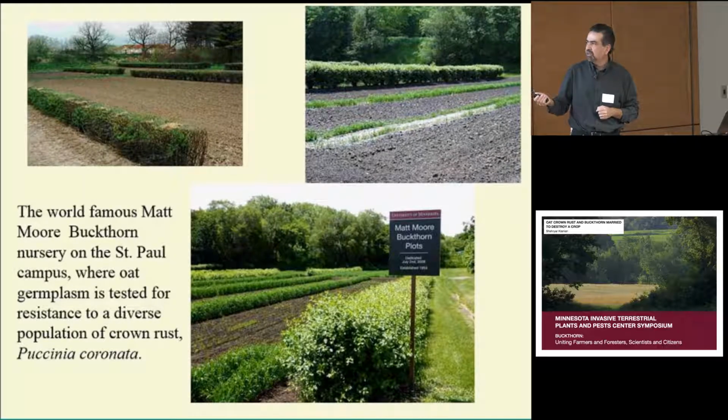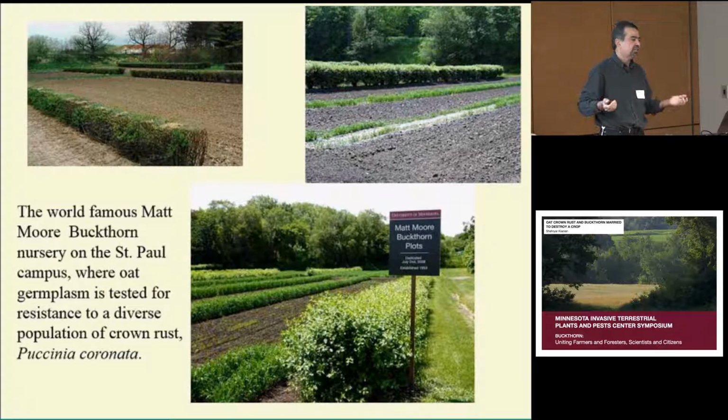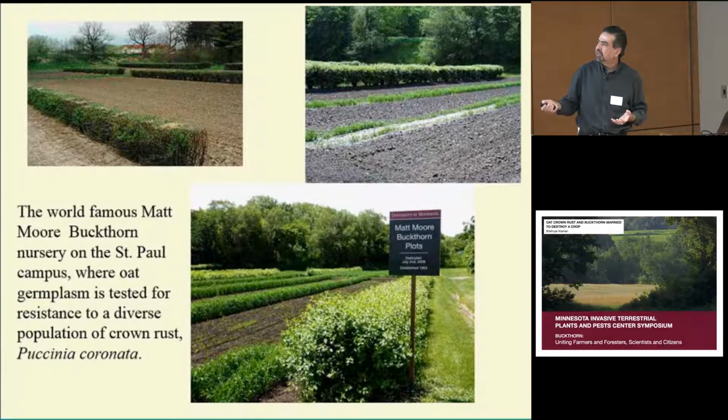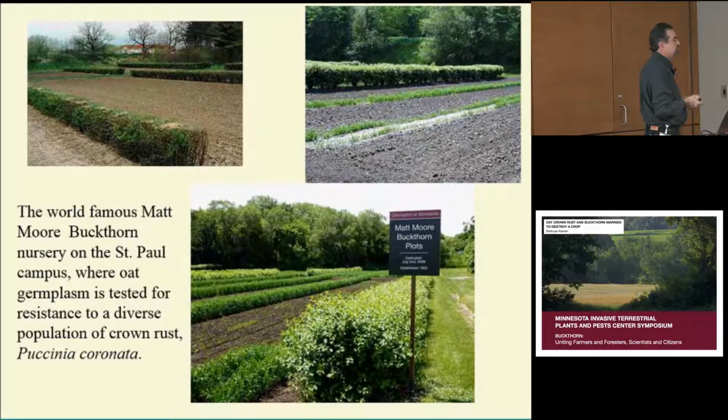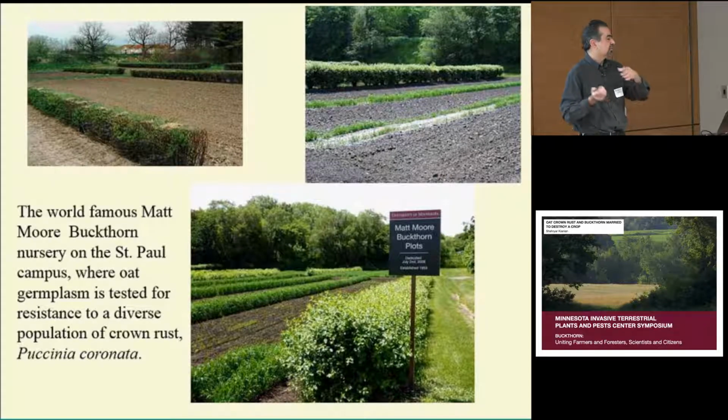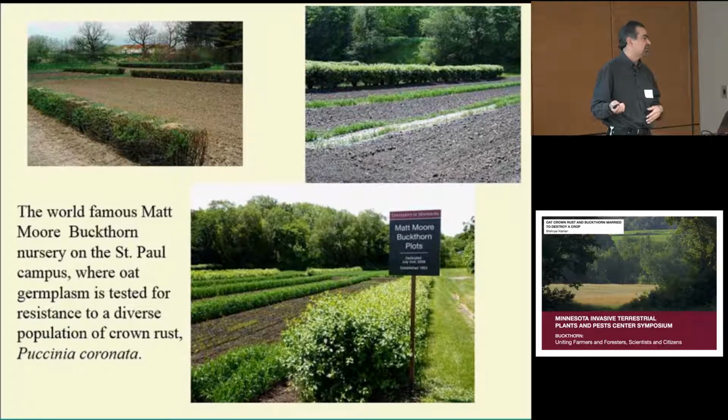So these buckthorns are being used to generate lots of rust variability. And in the spring, we plant all kinds of oat varieties in between. Then what we are looking for is whether there are oat varieties that are resistant to the pathogen or not. We do this in replicated trials, over multiple years, to find oat varieties that can resist the variability of the pathogen that is being generated. So buckthorns are good sometimes.